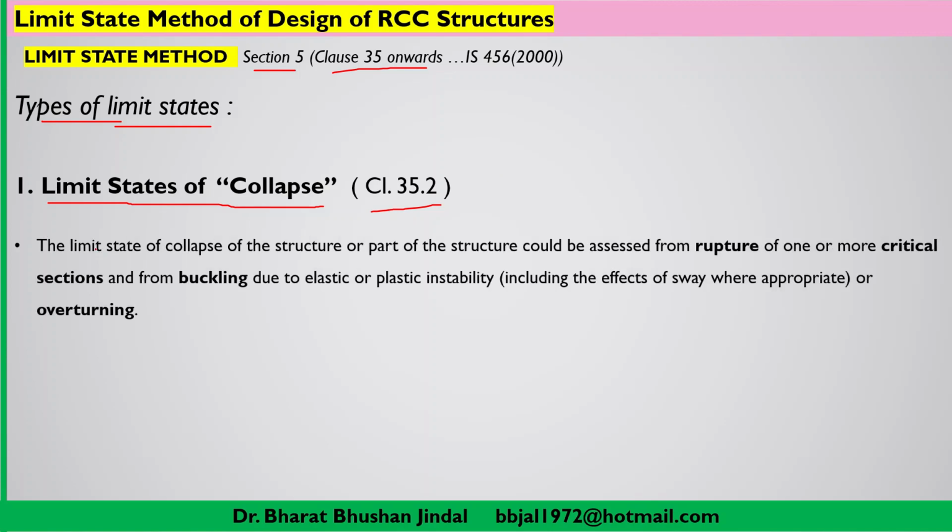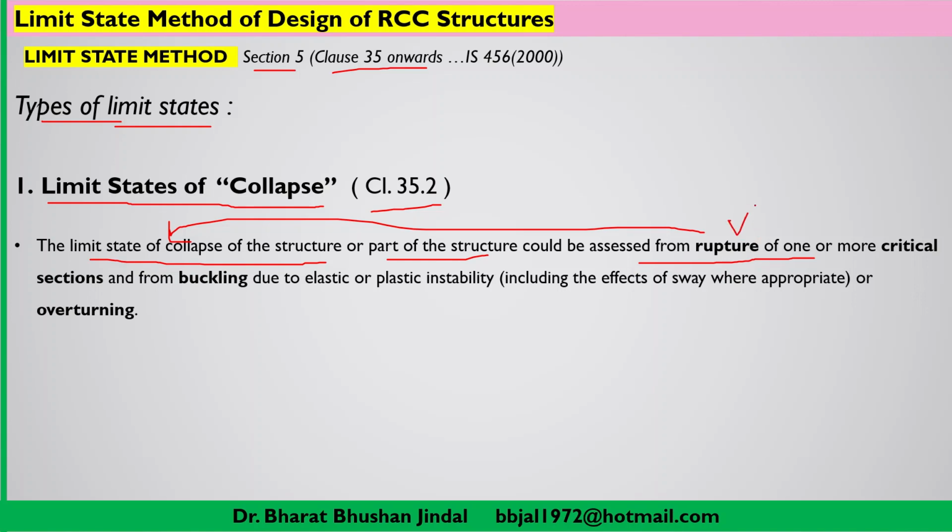Now let us understand it more effectively. The limit state of collapse of the structure, or any part of the structure, could be assessed from the rupture. When you see some rupture in the structure or some component of the structure, then you will say this structure is approaching the limit state of collapse.